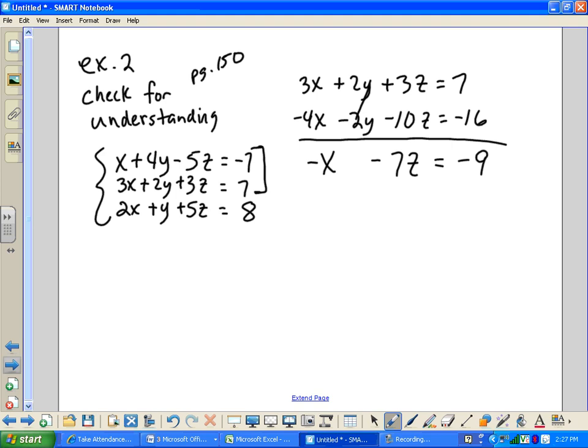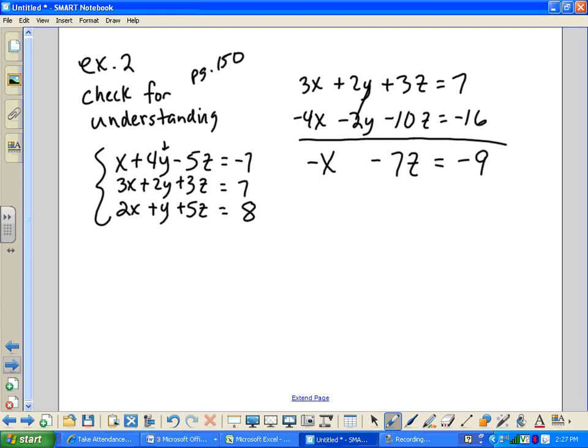So notice if I use these two, and again, I have to eliminate the y's again. I can't eliminate the x's now because I decided in the first one to eliminate y's. So if I eliminate the y's the first time, I've got to eliminate the y's the second time also. So notice if I eliminate the y's here, I can probably multiply this one by -2, and then that would eliminate the y's on that.